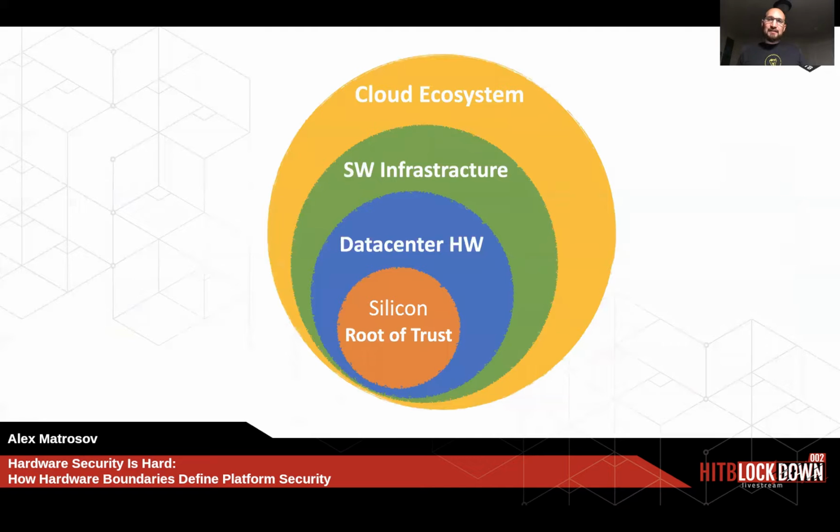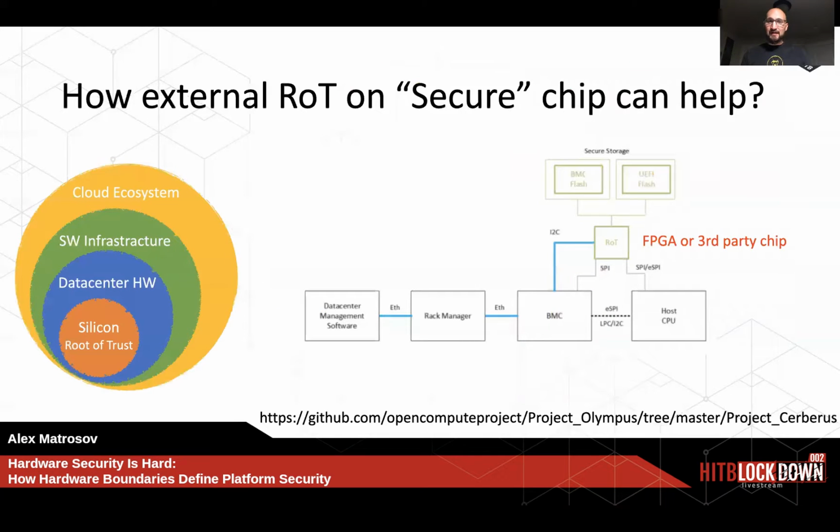But let's think about what happens in the cloud. We have these cloud ecosystems, which are powered by software infrastructure, and data center hardware provides the foundation for that, right? But we have the root of trust, which is inside the silicon. And what if something goes wrong? Usually the root of trust is separated from the original system board.